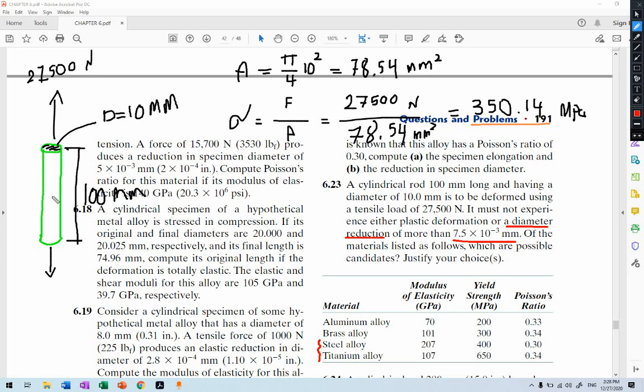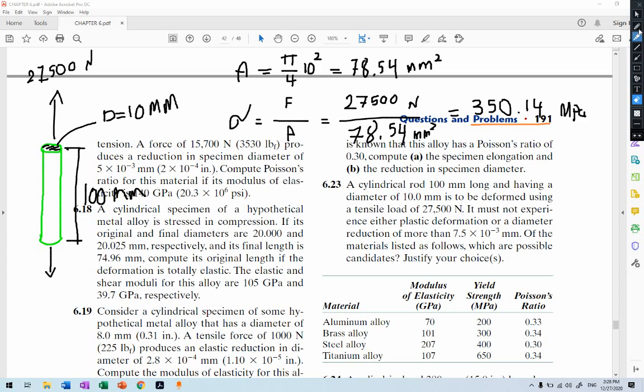So the delta D will decide which one will be used, or maybe both of them are possible. If their delta D is smaller than this one, because this is the maximum, I mean, it must not experience either plastic deformation or a diameter reduction more than this. So more than this is not allowable. So if the diameter change in both cases, steel alloy and titanium alloy, is less than the delta D given, both are candidates. So let's prove this one.